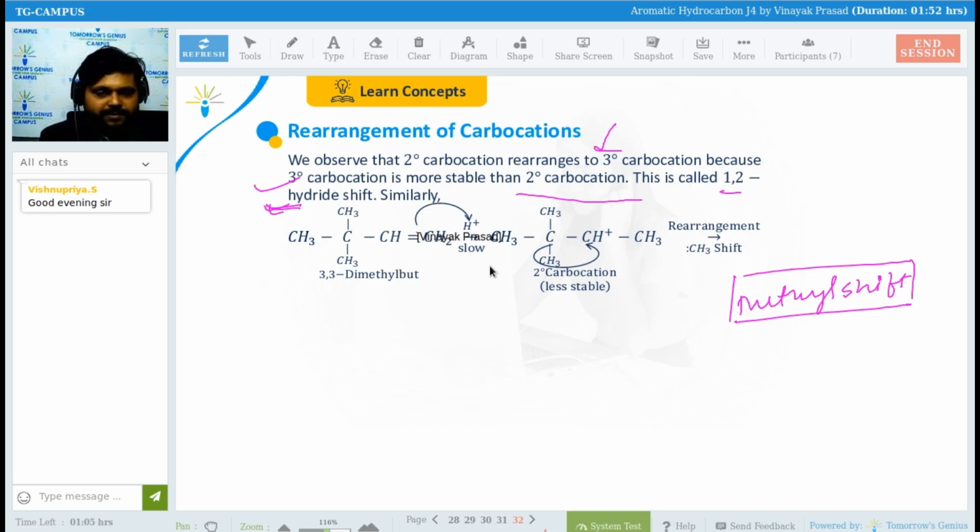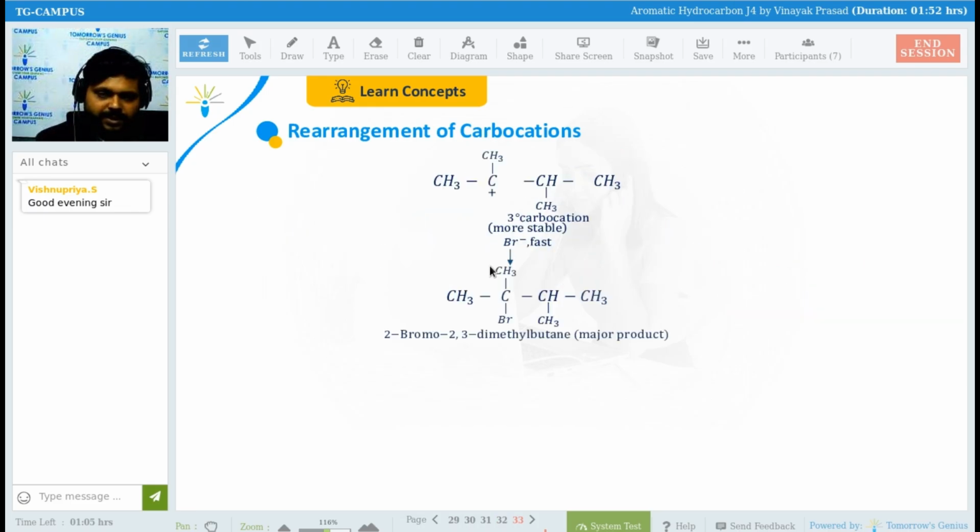See here, the double bond will shift toward this carbon. This carbon is a 2 degree carbon, but in this case it gives a 1 degree carbocation. So this is not good, right? Now what will happen? This CH3 will shift towards this carbon, right?